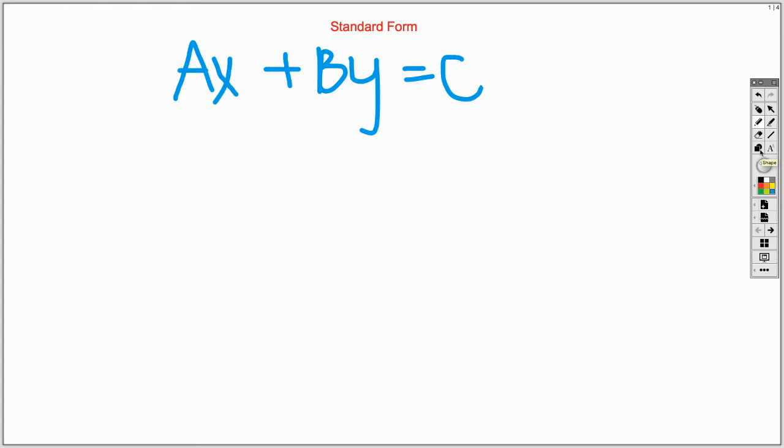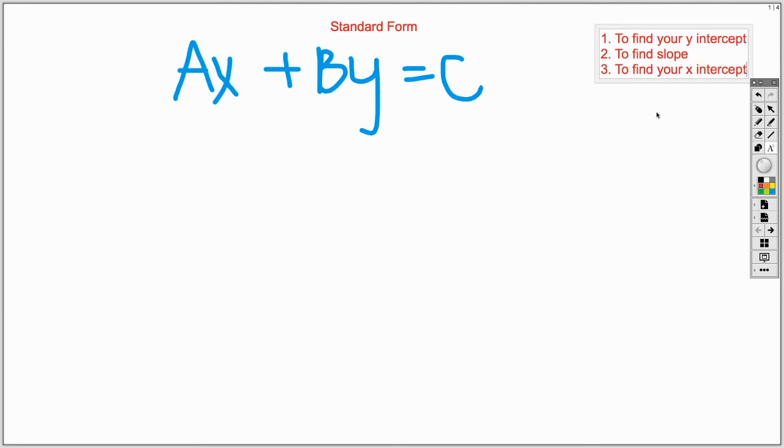And the thing with standard form is that you can use standard form to find your y-intercept, to find slope, and to find your x-intercept.